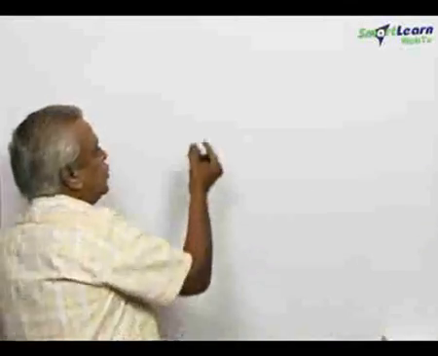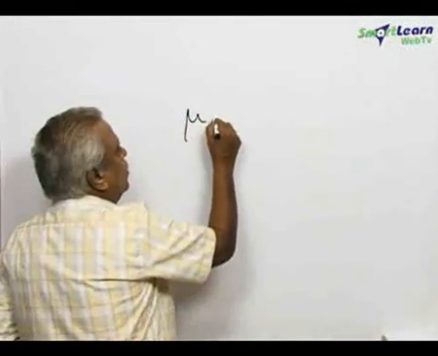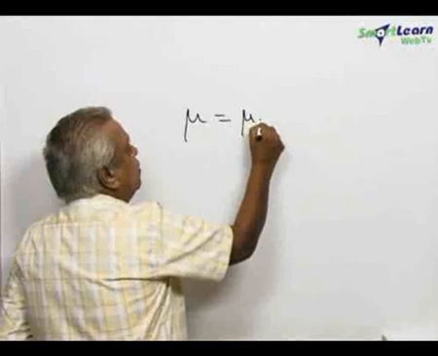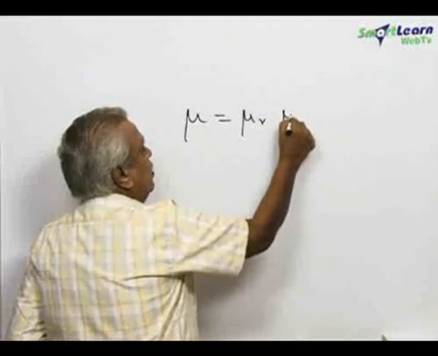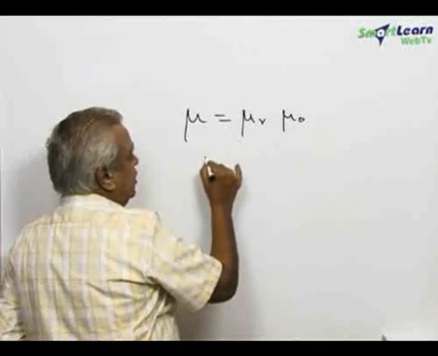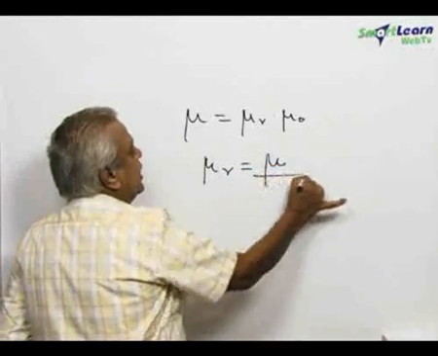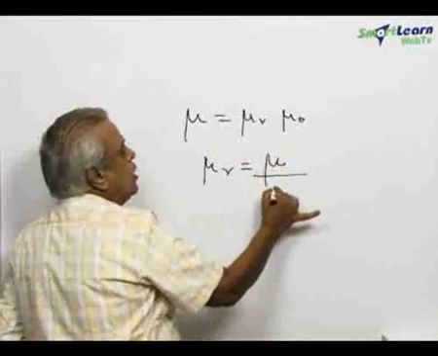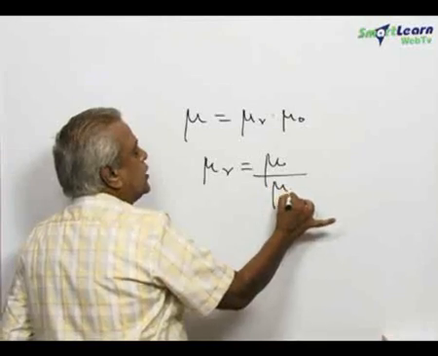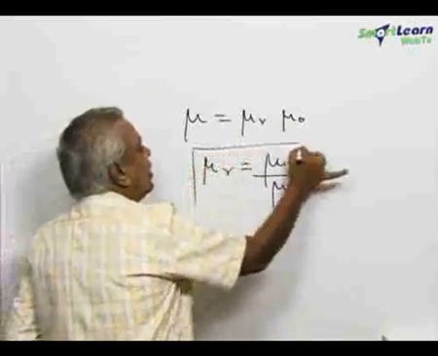The relation between permeability and permeability of air or vacuum is written as mu is equal to mu r multiplied by mu naught. In other words, the relative permeability is the ratio of the permeability of the medium to that of air or vacuum.